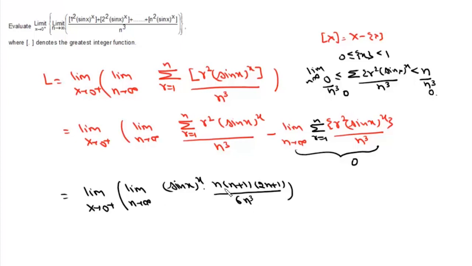Now the highest power of n in the numerator is 3 and the highest power of n in the denominator is also 3. So the answer to this limit will be the ratio of coefficients of n cube in the numerator and denominator. So it will reduce to limit x tends to 0 positive 2 sin x to the power x upon 6, which is 1 by 3 sin x to the power x.